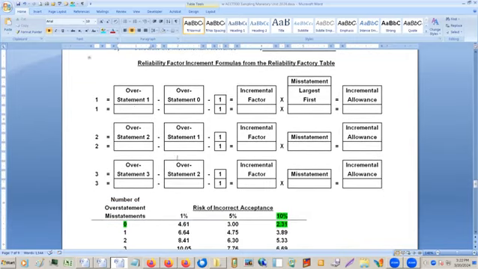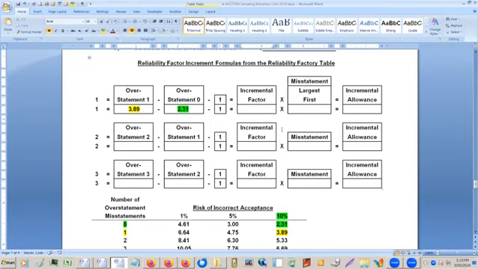So at 10%, we have overstatement at 1 minus overstatement at 0 minus 1.